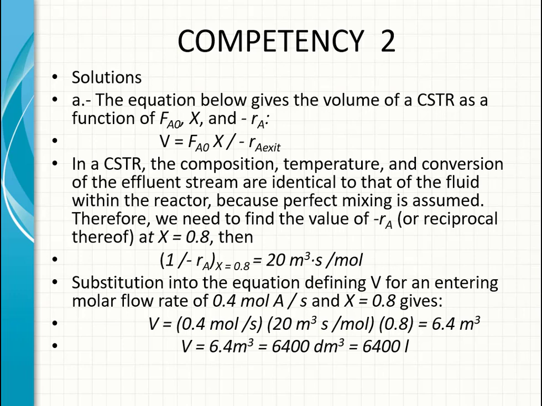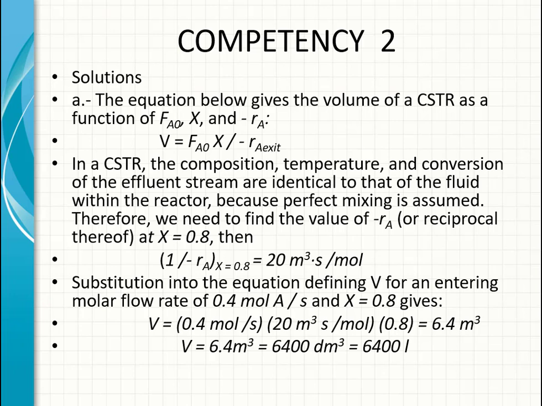So, solutions. The equation below gives the volume of a CSTR as a function of FA0, X, and minus rA, which is the volume is equal to FA0 times X divided by minus rA at the exit. In a CSTR, the composition, temperature, and conversion of the effluent stream are identical to that of the fluid within the reactor because perfect mixing is assumed.